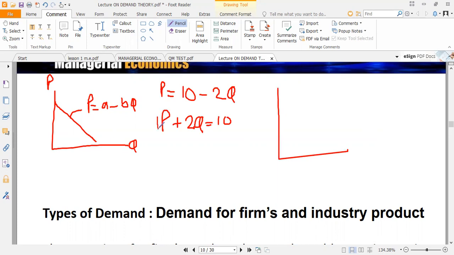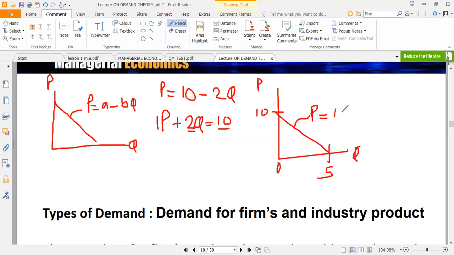There's an invisible 1. 10 divided by 1 is 10. So put a 10 there. On the Q, there's a 2. 10 divided by 2 is 5. So there's a 5 here. So this is how we sketch. Here we have price, here we have quantity. So this is how we sketch the first curve. Does that clarify your question?